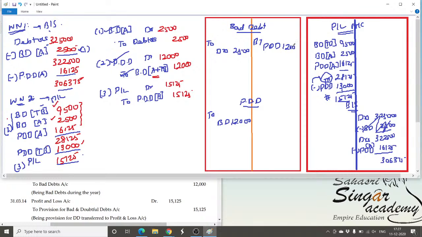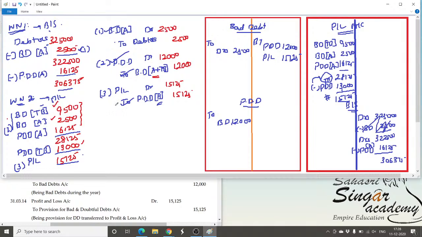Is it okay? And here is again PDD. So this is nothing but the amount supposed to be maintained. PDD given in the adjustment. Profit and loss account debit to bad debt. So 15,125. We got it.